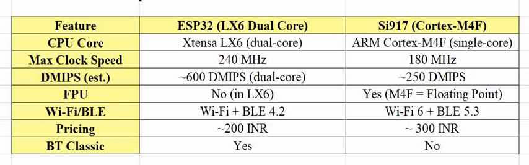So as this is higher, the DMIPS, which is Dhrystone million instructions per second, which determines how fast the chip can process your data, to put it simply, is much higher in ESP32. And the floating point unit is again an advantage here.